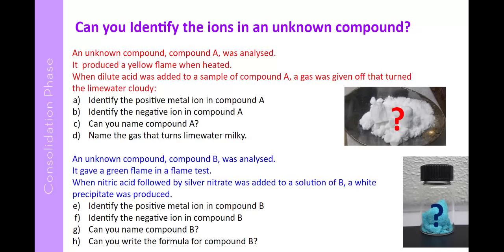For compound A, it gave a yellow flame during a flame test, and when acid was added, a gas was given off that turned lime water cloudy. So you've got that scenario, and then you've got scenario B. What I'd like you to do is have a go at applying your learning to those two scenarios. Pause this lesson video, and come back to find out the answers.